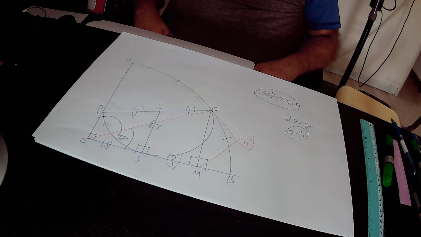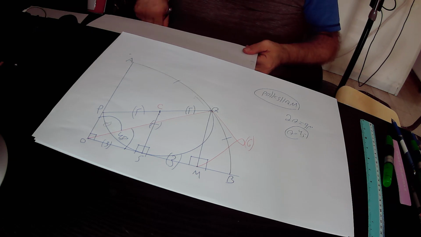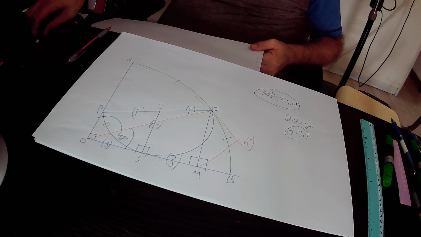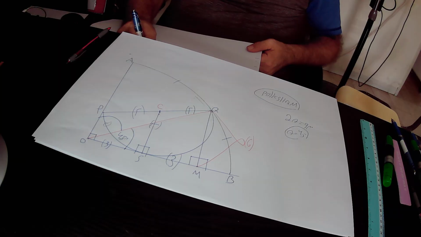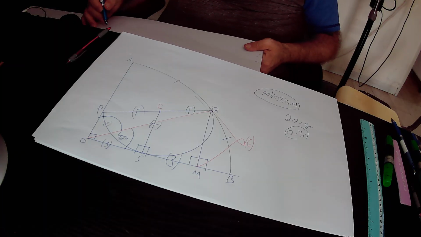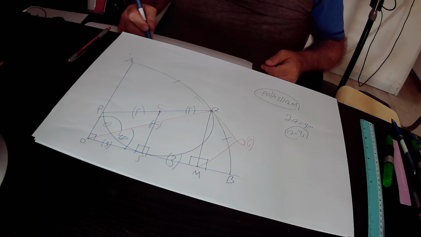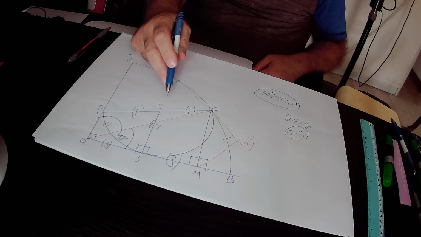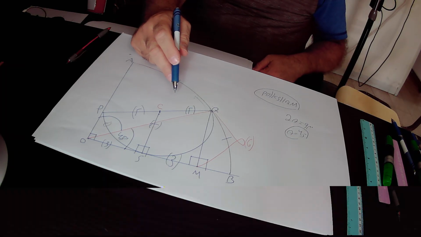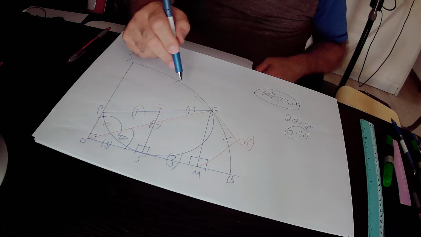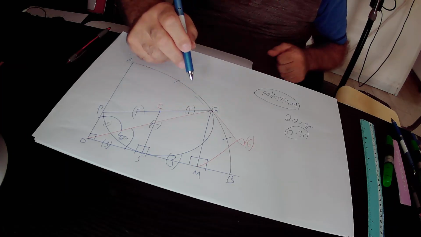In the next step, we will do a construction. From point C, that is the center of the semicircle, we will draw a perpendicular on QM.